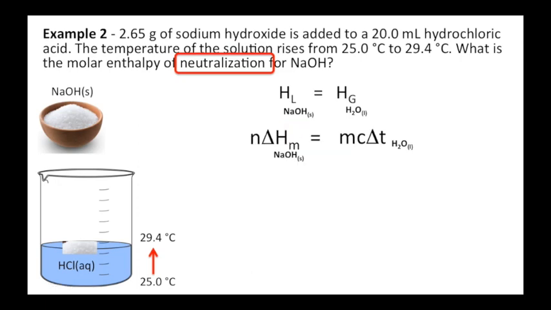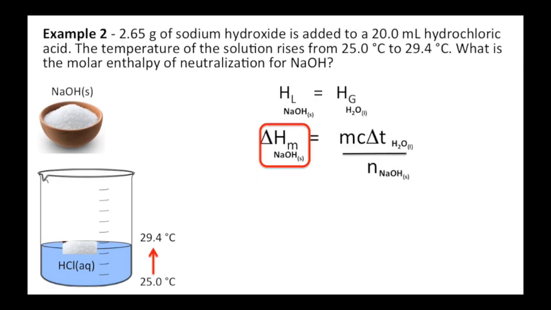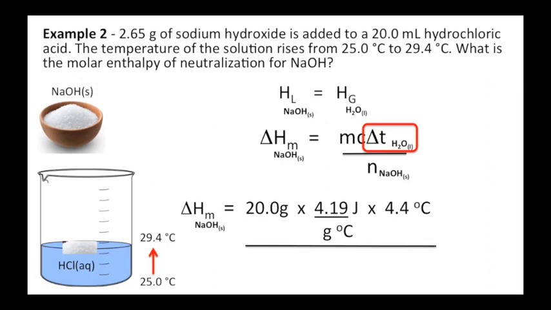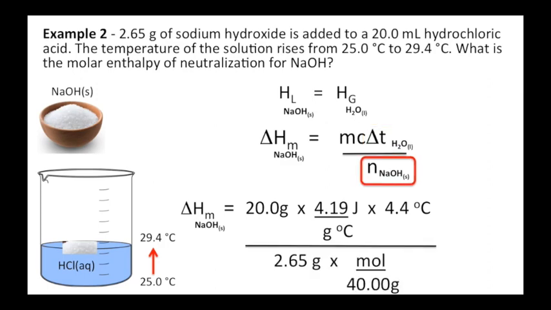So now we have n delta Hm for sodium hydroxide equals heat gained by water. We divide by n, and make sure we know the substance. It's moles of sodium hydroxide, not water, because the n came from over here. And I plug in my mass, 20 grams, 20 milliliters is 20 grams, times 4.19 joules per gram degree Celsius, times the temperature change, divided by my moles of sodium hydroxide.